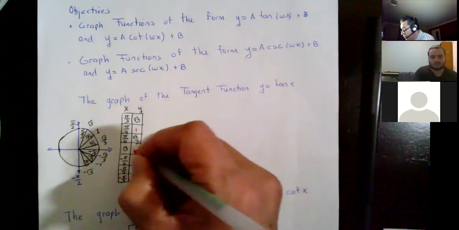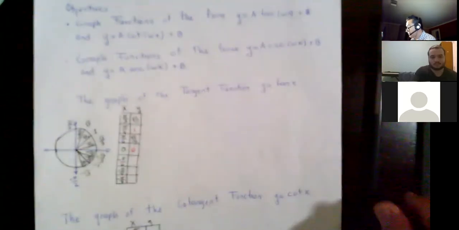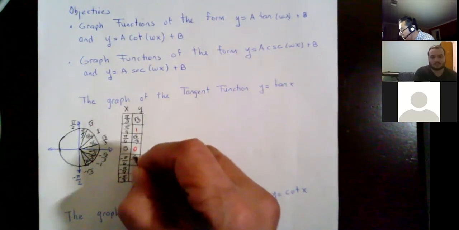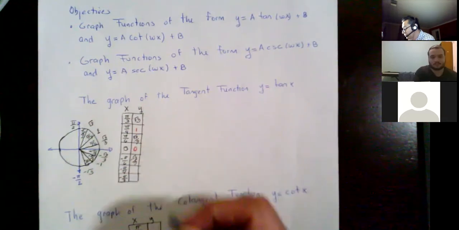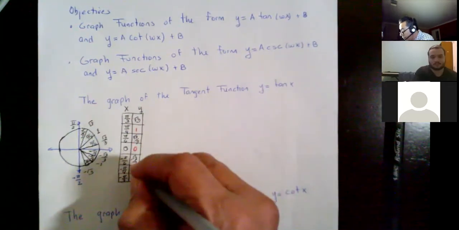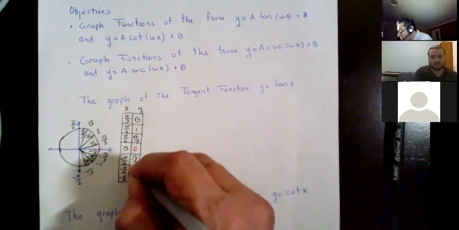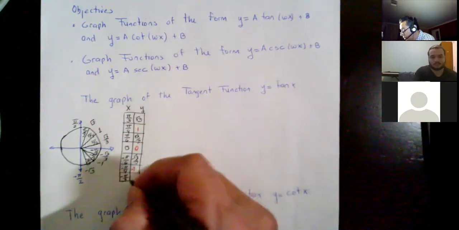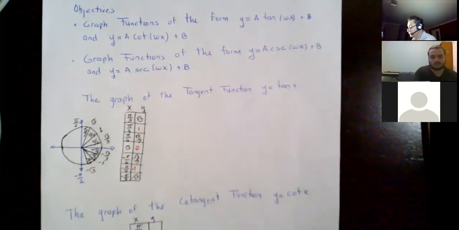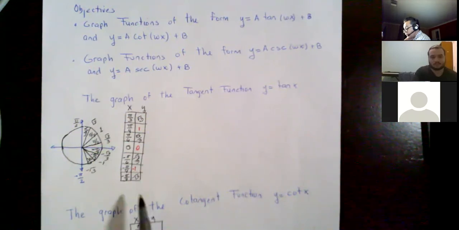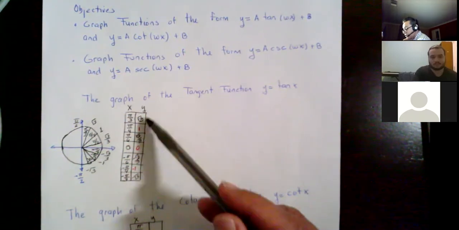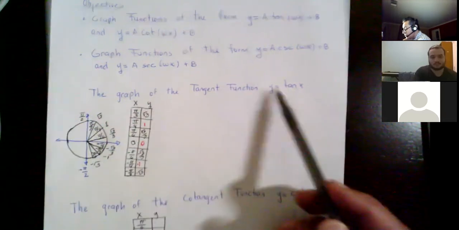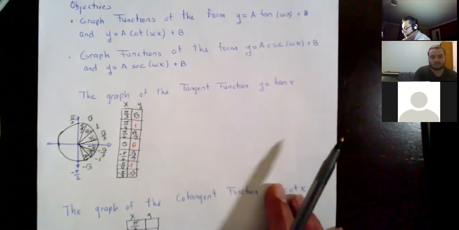At 0 it is 0. At negative pi over 6 it is negative square root of 3 divided by 3. At negative pi over 4 it is negative 1. And at negative pi over 3 it is negative square root of 3. So if we plot these points, we're going to get the graph that corresponds to the function tangent of x, and that's what we're going to do next.